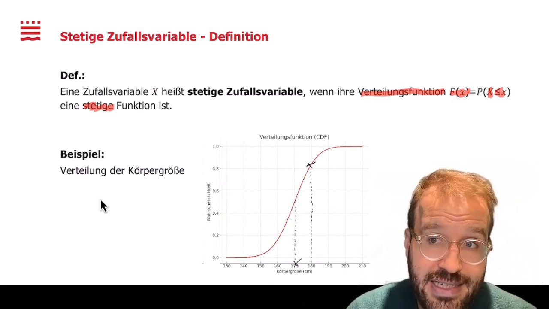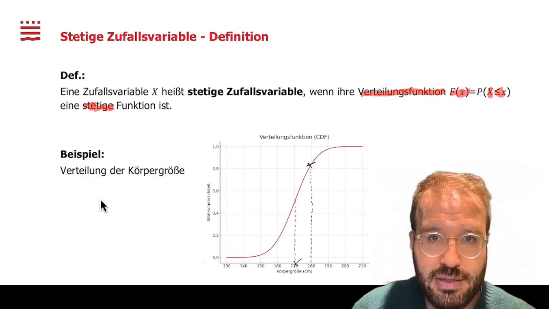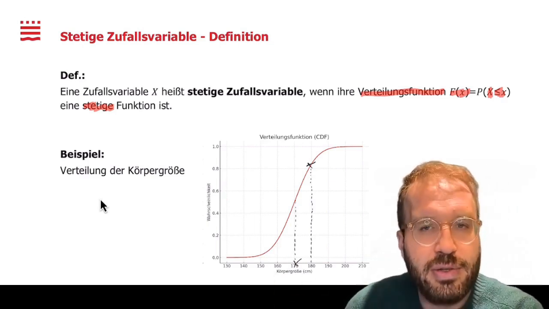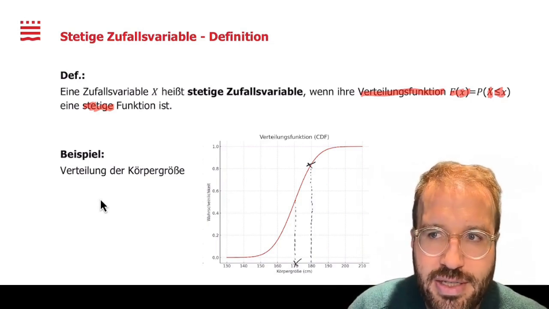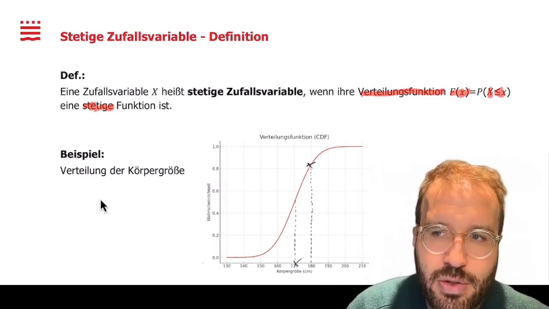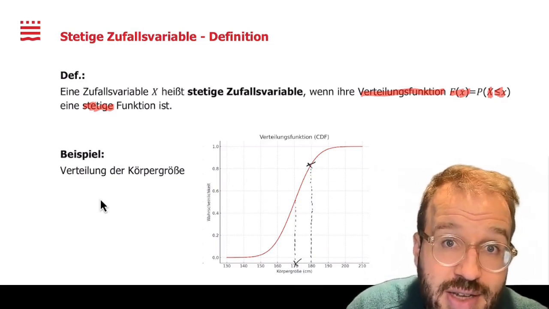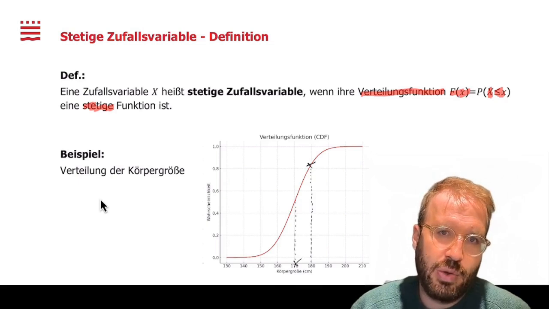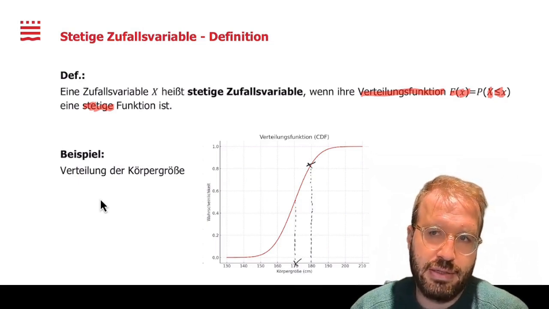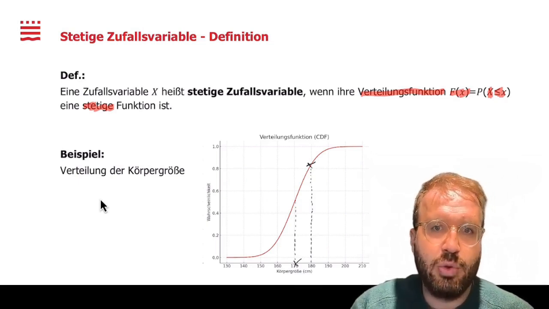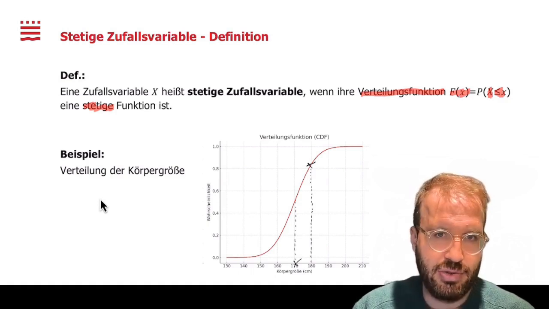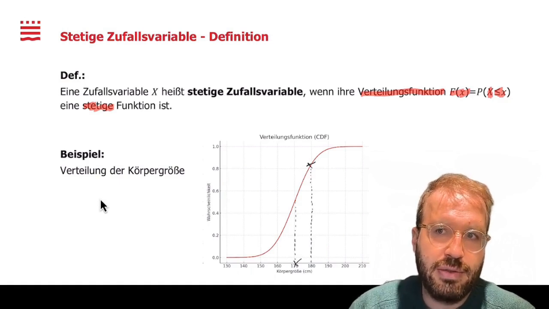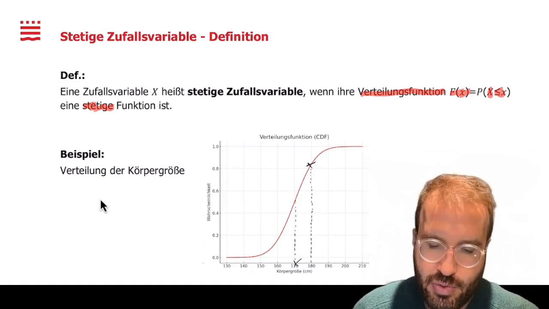If we look at how likely it is to be a little bit smaller, that is, smaller than 170 plus a very small number, so smaller than, for example, 170.001, then this is roughly equivalent to the probability of being less than or equal to 170. This means that if I move a little to the right on the function in the graph, I also move a little up.